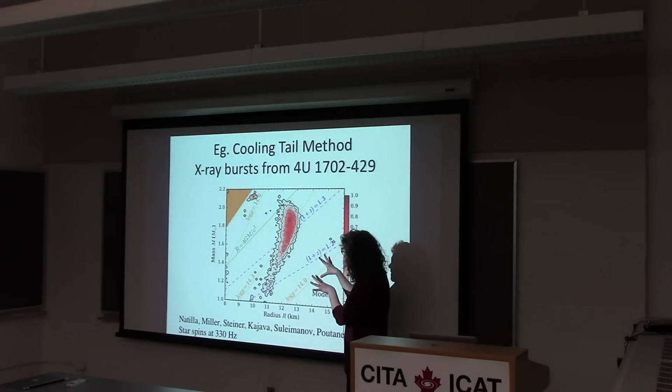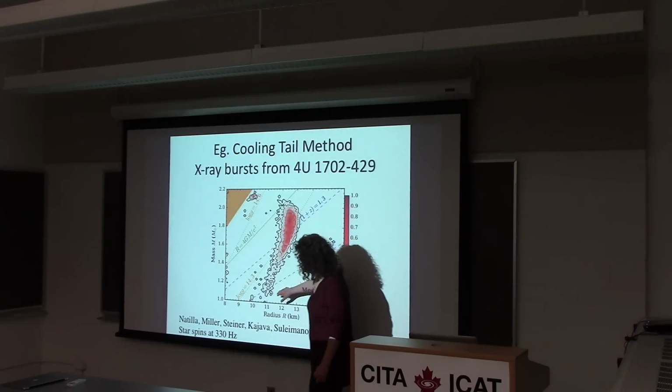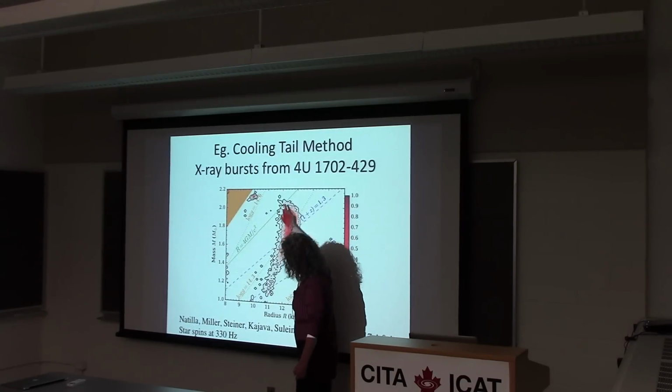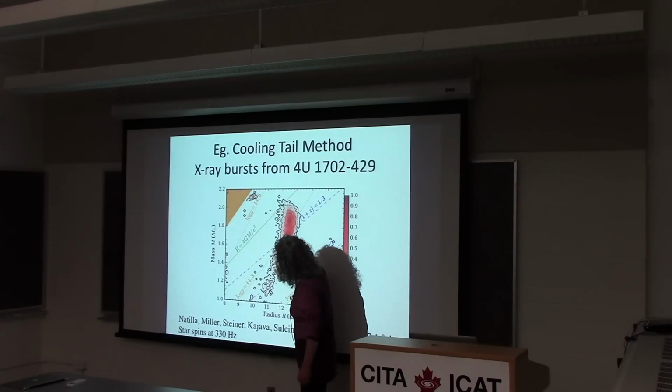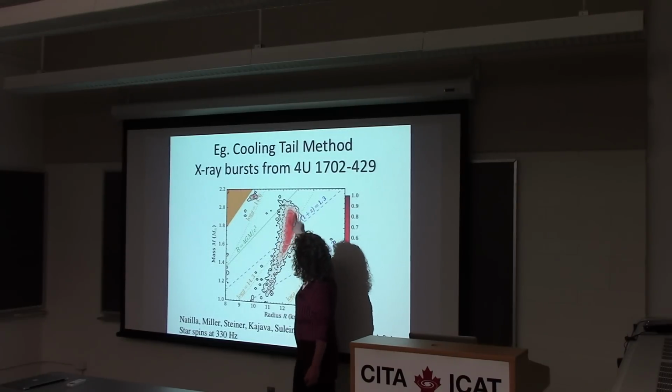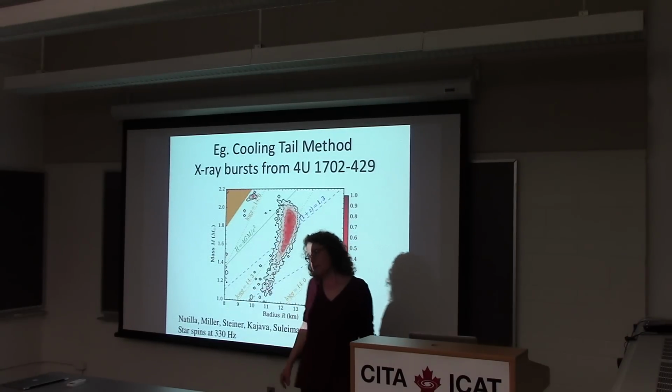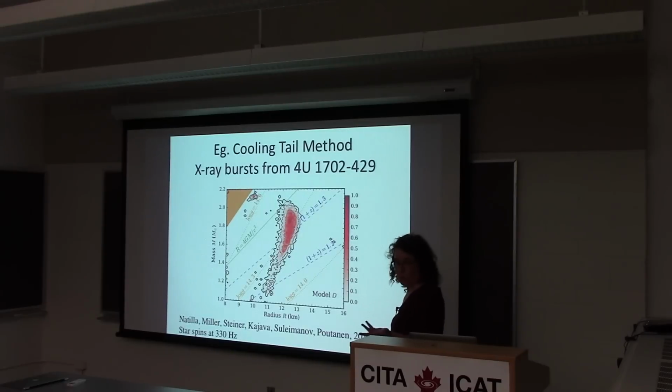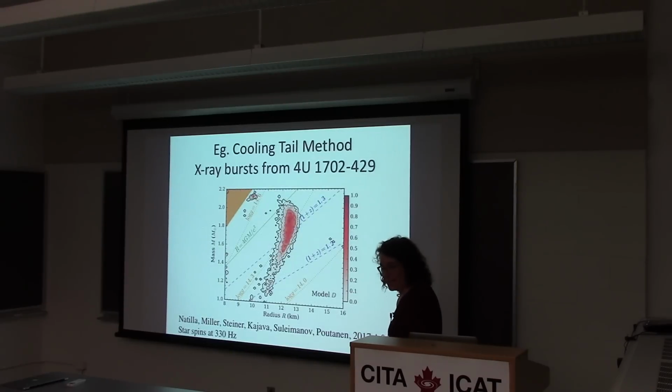Through various assumptions about the atmosphere, they're able to say that there's this range of possible masses and radii. At this level, I would say it's still probably a little early to say that this has been definitively measured, but it's a direction that people are going in.